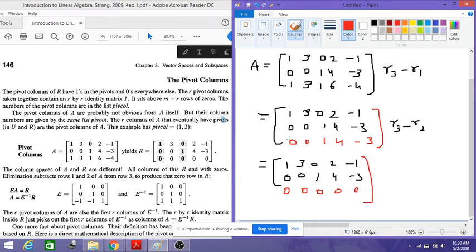And now we have two pivots here, this and this pivot. And the rank of the matrix, r, is equal to 2.